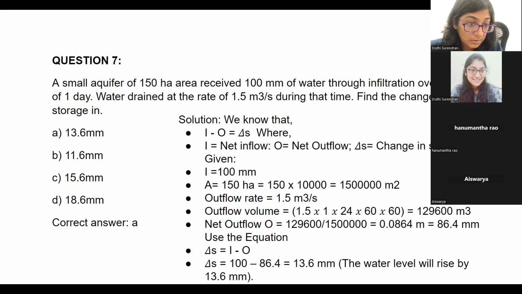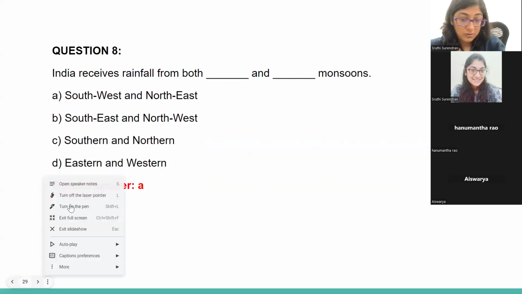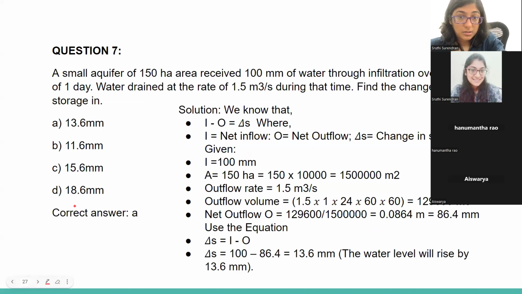But here, this is going to be 15,000 meter square, 100 mm. Okay, area. Yeah, this calculation is right. I'm sorry, I'm the one who got confused.